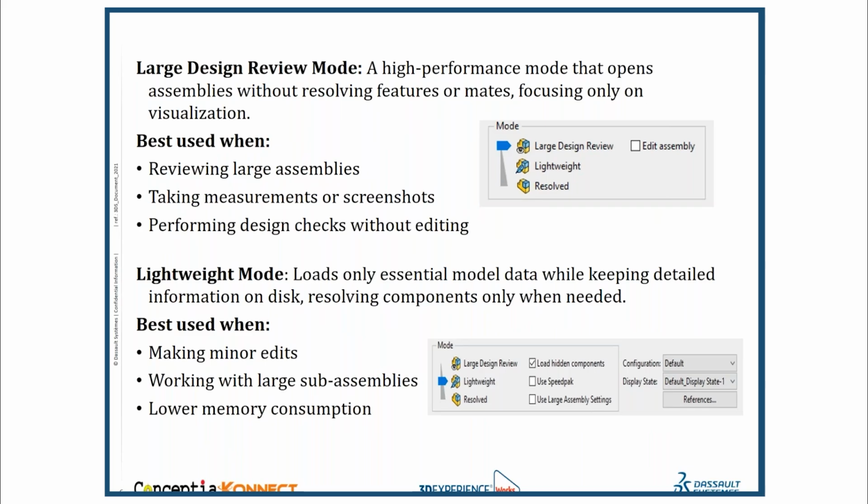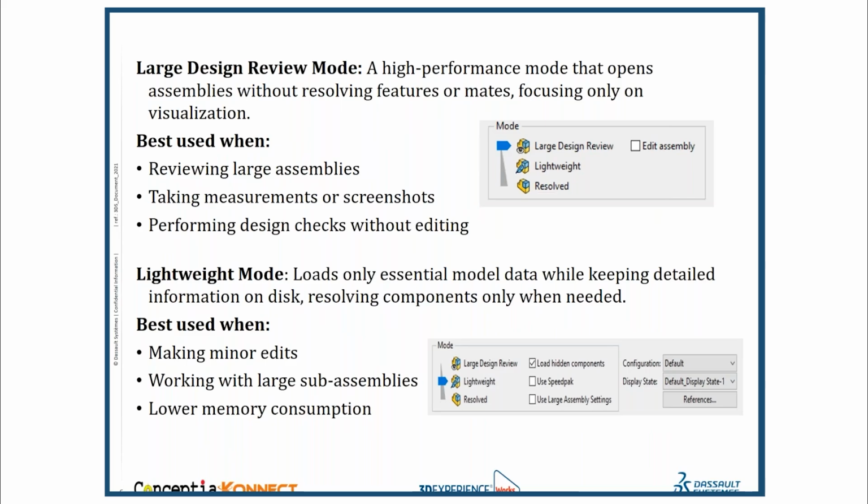Let's come to the lightweight mode. Lightweight mode loads only the essential model data into memory, and the detailed information stays on the disk and resolves only when it is necessary. We have seen the large design review mode won't load completely, but in lightweight mode, the essential data will be in memory, while the detailed information stays on the disk. We can set it to resolve mode when necessary.